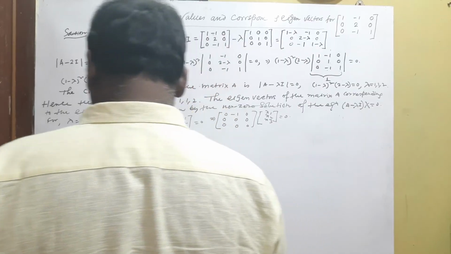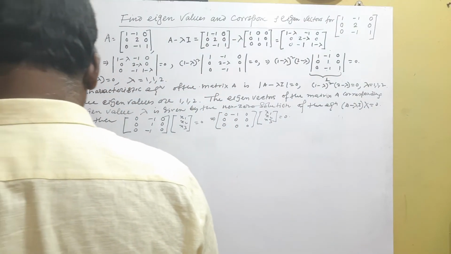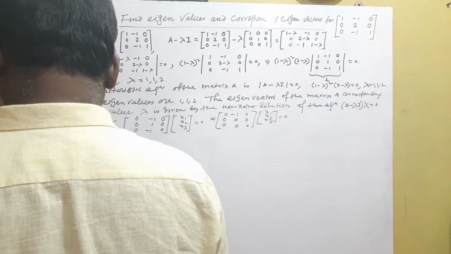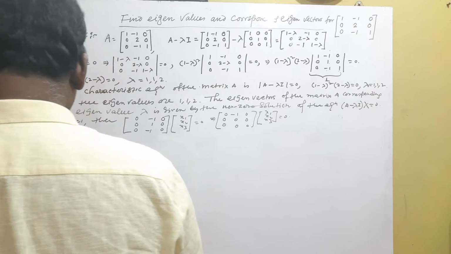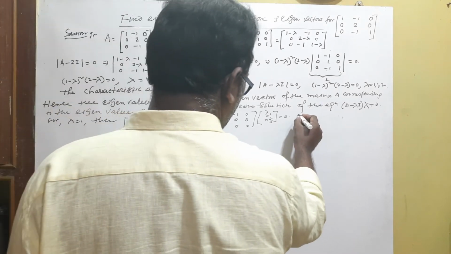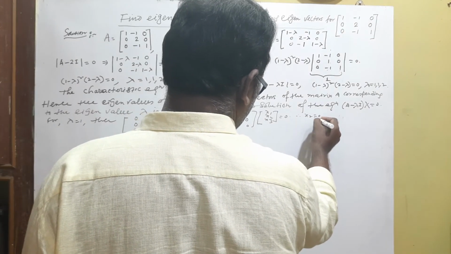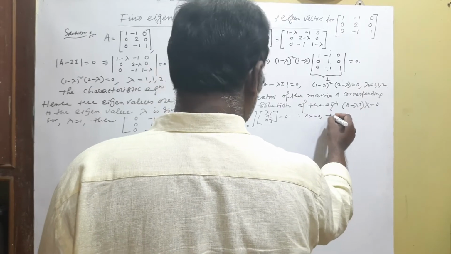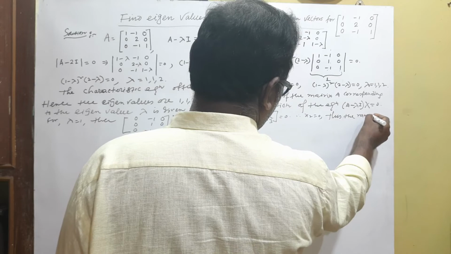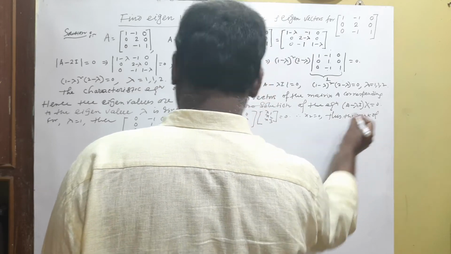So now we can see the rank of the characteristic matrix is 1. Therefore, this is x2 equal to 0.